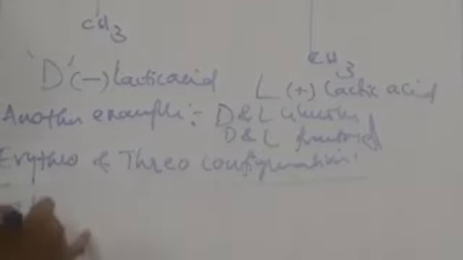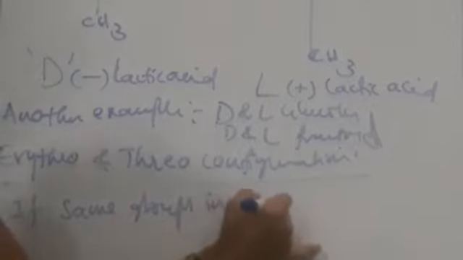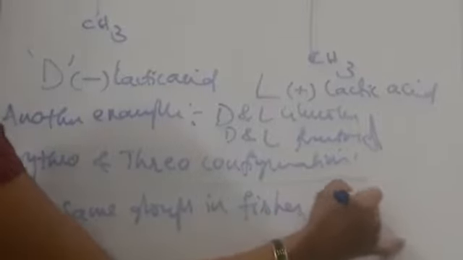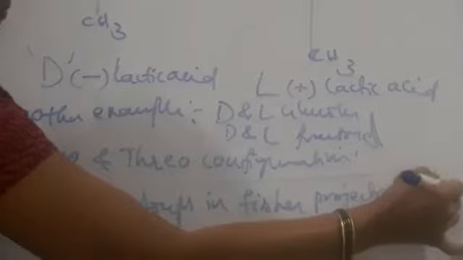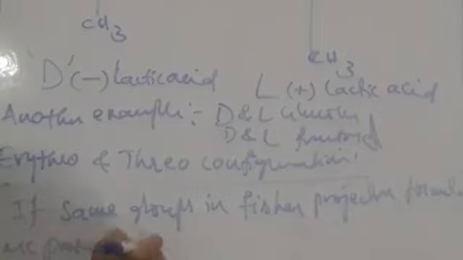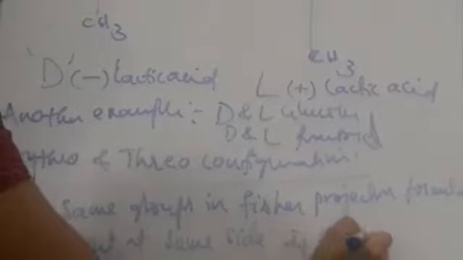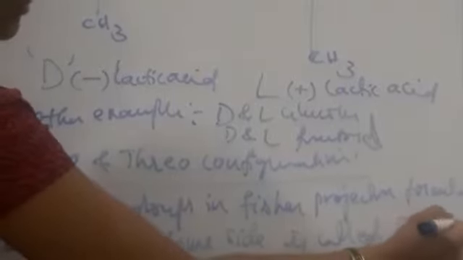So if same groups in Fischer projection formula are present at the same side, it is called erythro, or opposite side is called threo isomer.